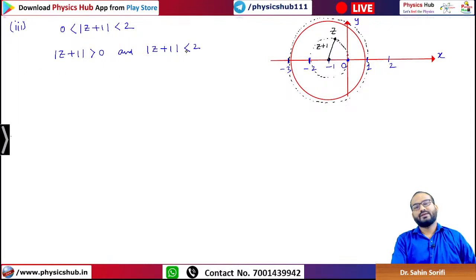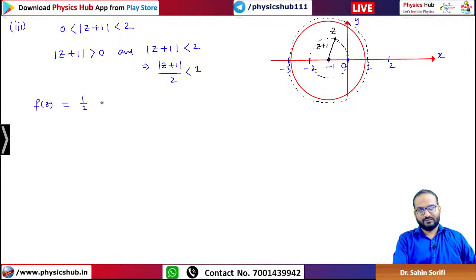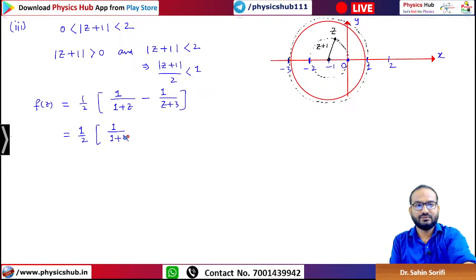Look, mod of z plus 1 less than 2 means mod of z plus 1 by 2 less than 1. So f of z is equal to half, as usual, 1 by 1 plus z minus 1 by z plus 3. This was there. So we cannot do anything about the first term 1 by 1 plus z, but we can do something about the second term.